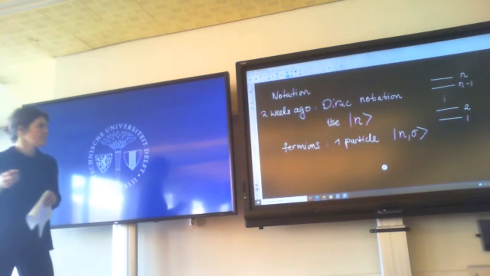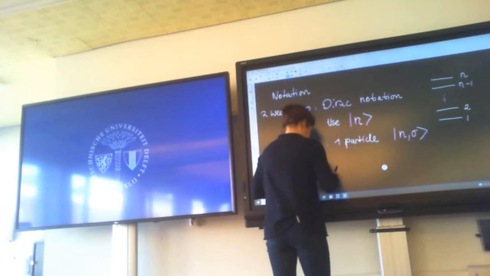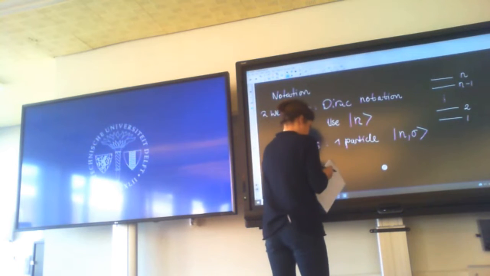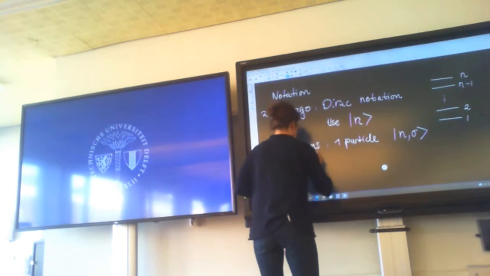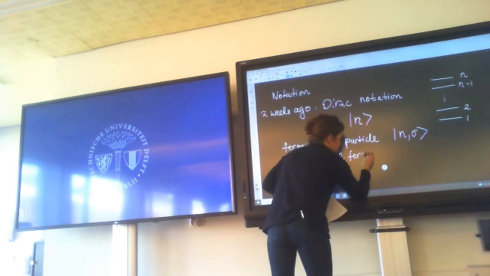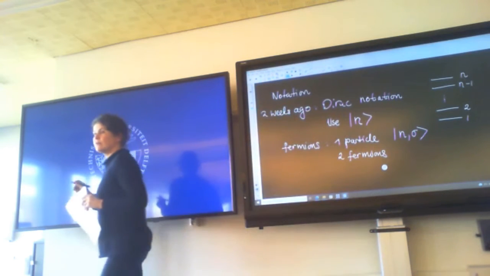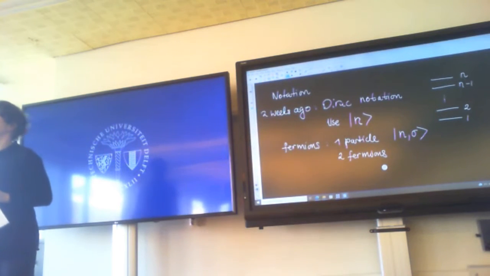Now what do you do if you have more fermions? So let's say we have 2. How do I write down the wave function then? Make a suggestion. There are usually options, yes? Just N1, N2, sigma 1, sigma 2.